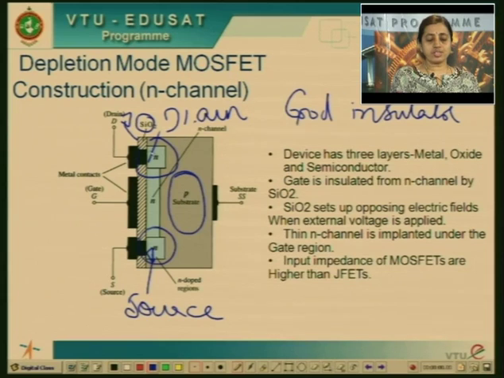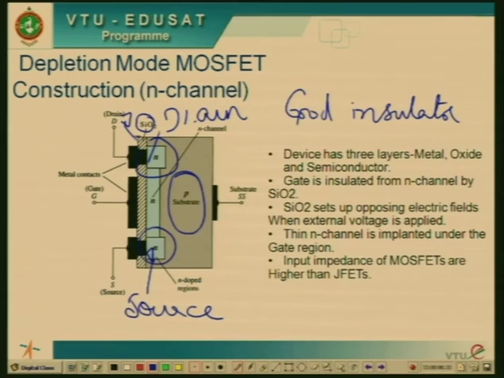So, a window is created here to establish the contact with the other regions to the external terminal. So, via this window, metal is deposited and an external terminal is connected to form source and the drain and gate terminal.